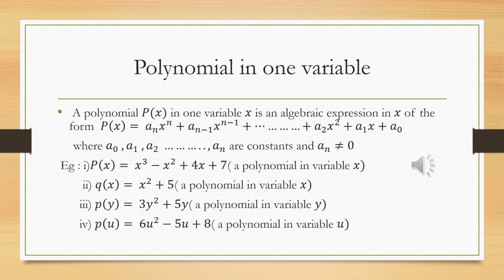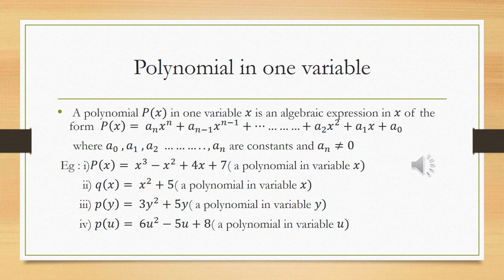We can see some examples here. p of x equal to x cube minus x square plus 4x plus 7, which is a polynomial in the variable x. Instead of always writing p of x, we can write the second example as q of x equal to x square plus 5, where again the variable is x.